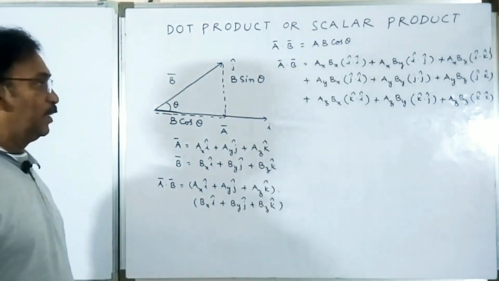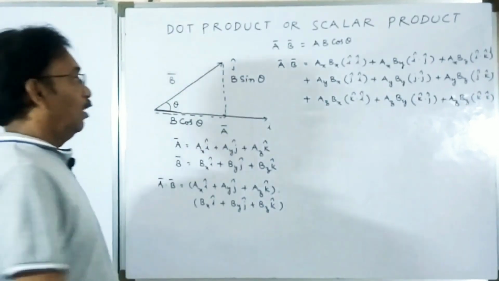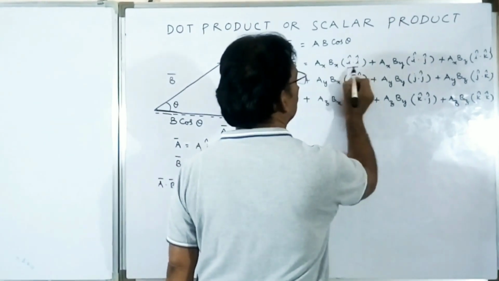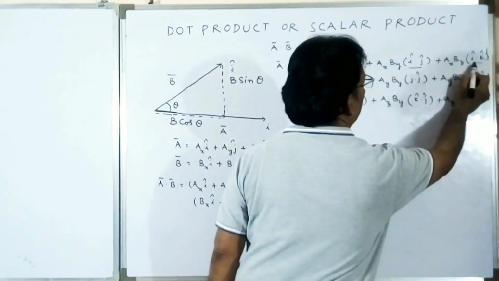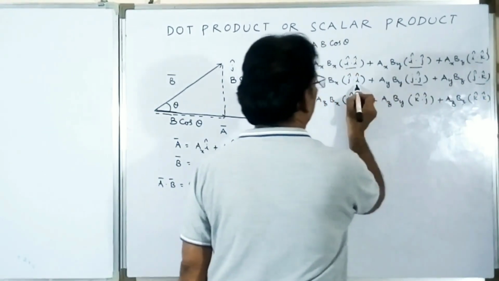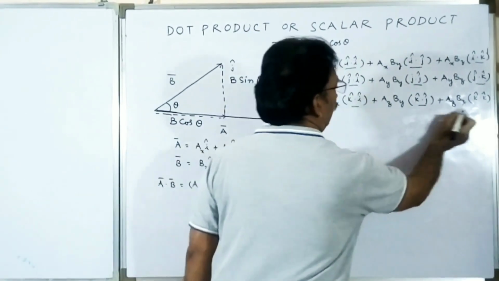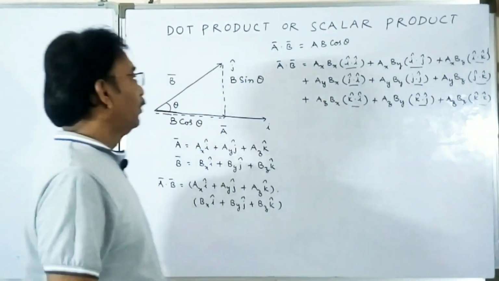This is a vector multiplication. Now we have to multiply these vectors, that means the unit vectors. We have to understand what result we yield.